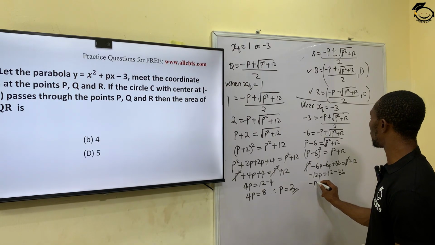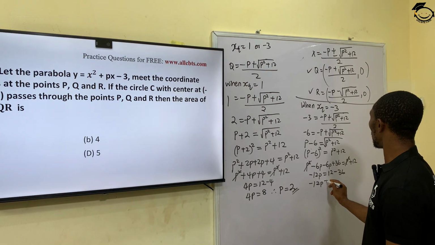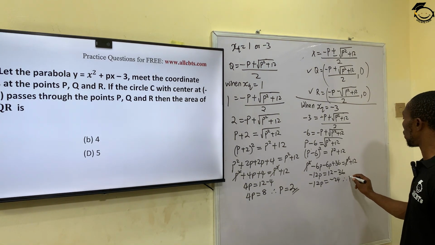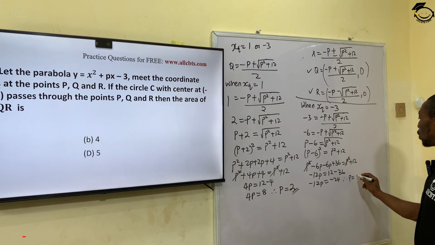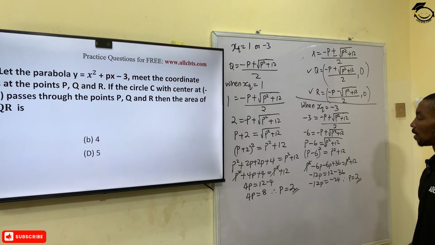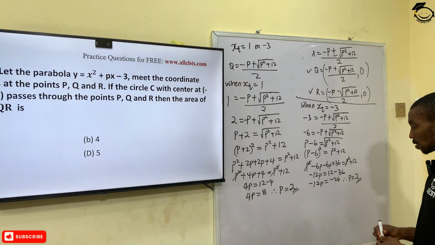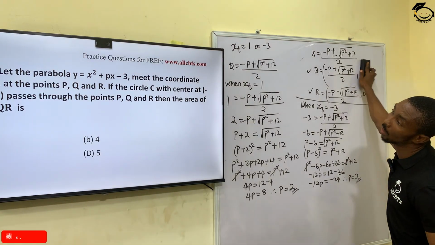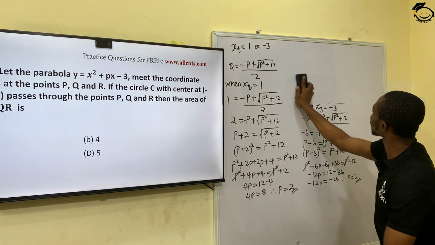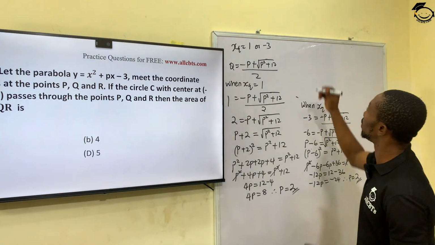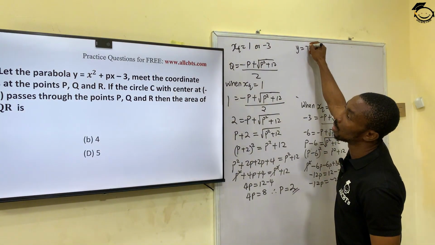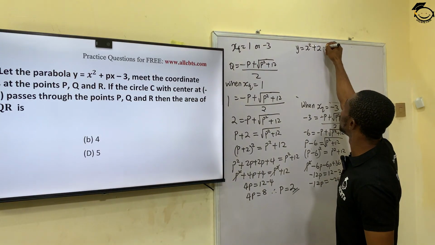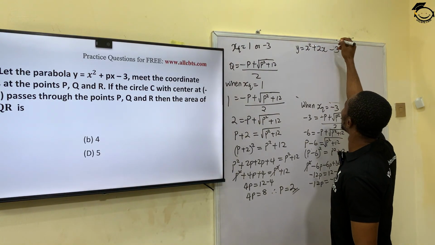So minus 12p equals minus 24. So therefore, our p also is giving us 2. All right. Now from here, we've seen that our p equals 2. So back into our equation that says y equals x squared plus p x minus 3, the value of p is 2, so 2x minus 3.